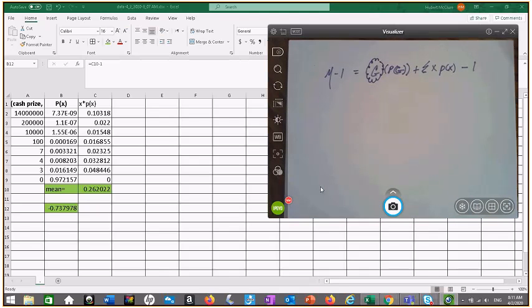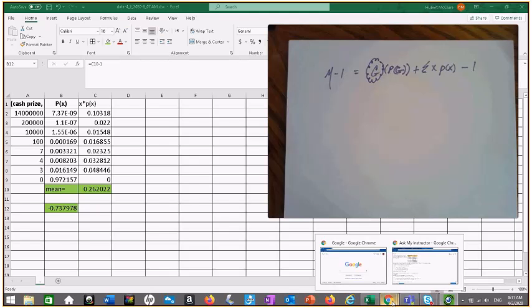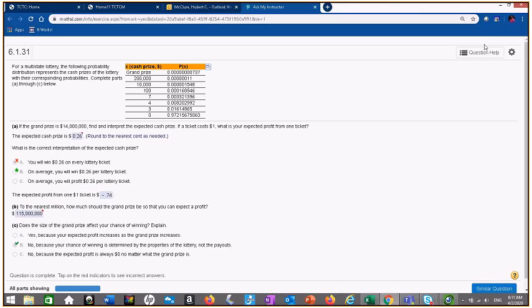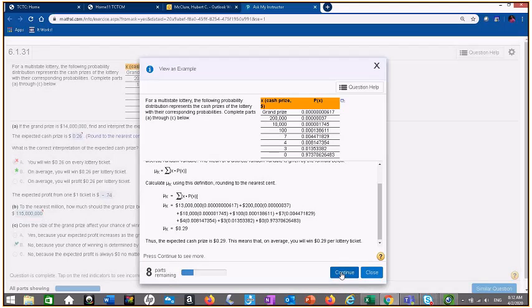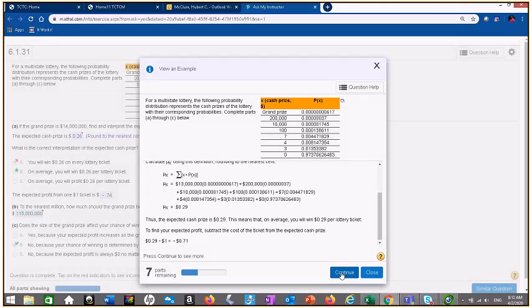And as soon as I do this, you're going to see, I think I've got this right. Let me make sure, because I've never seen this before. Let me pull the problem back up. And I just want to go through the question help right quick. There's the mean, there's the 1 minus, there's that.